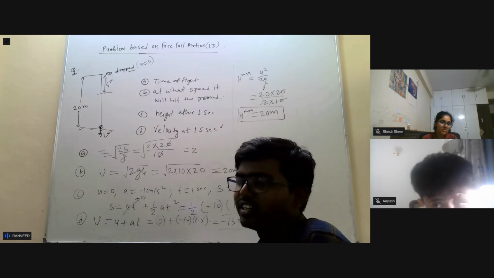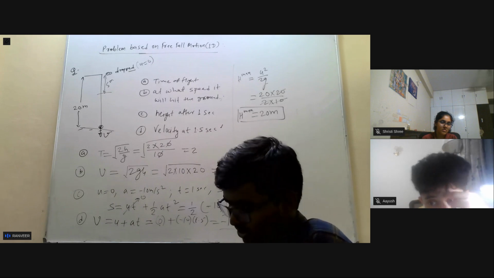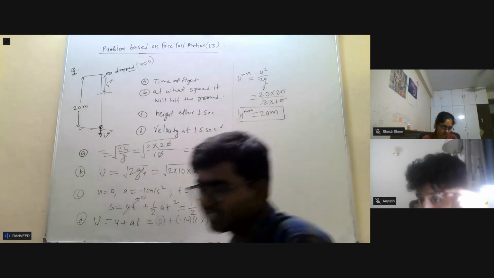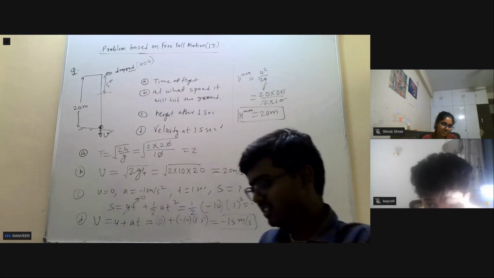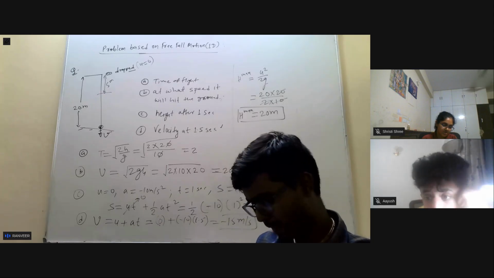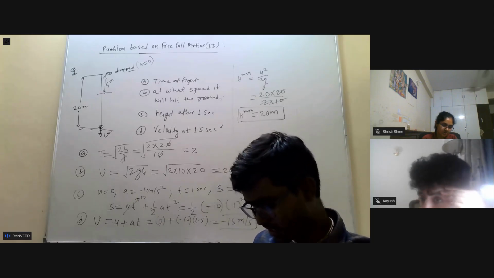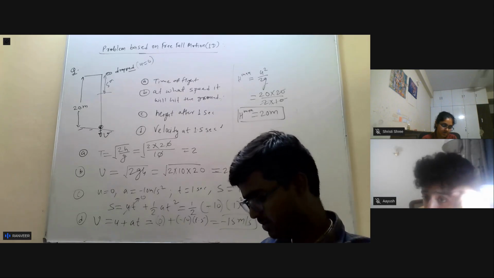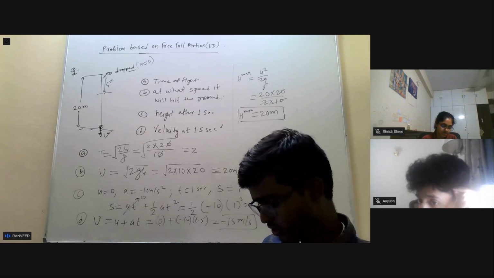That juggler one. Sir, I solved it. You solved it. What answer did you get? 81.2. I think it seems correct. Okay, let's take some easier problem. Then I'll give you some good questions.